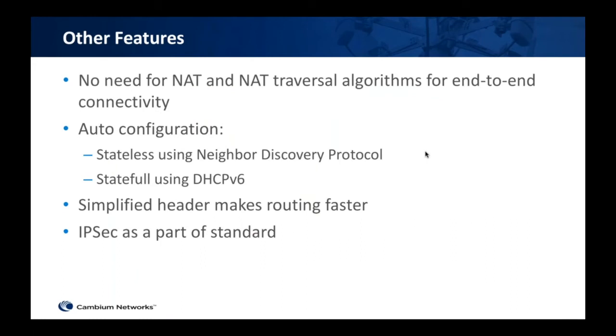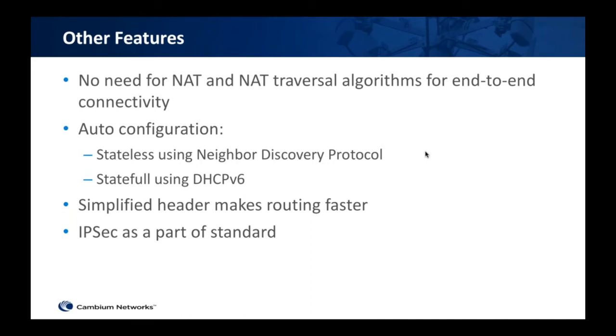What other features do we have in IPv6 that can be beneficial for us? Usually when we hear about IPv6, we hear it together with the Internet of Things buzzword. Because in the world of Internet of Things, we have lots of devices, coffee machines, fridges, different sensors, everything connected to the internet.